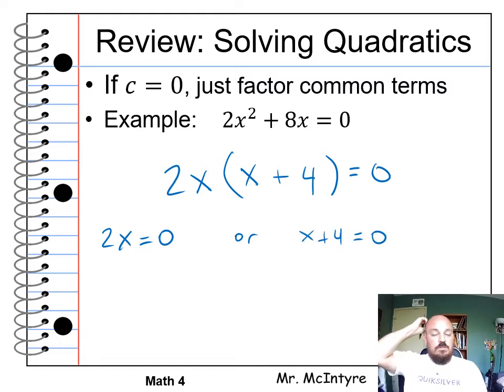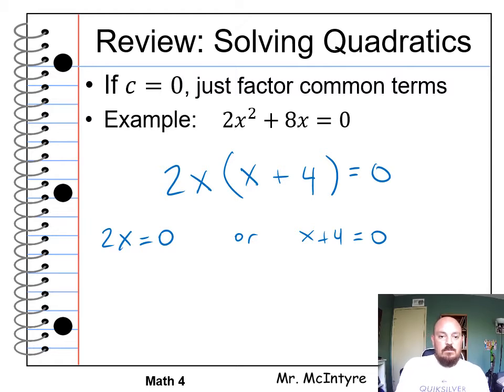And that's because of what's called the zero product property, and that's also why it has to equal 0. If you try to do this and it's equal to 10, there's no rule for that. But basically, if you factor something and you're multiplying them and the answer is 0, the only way that can happen is if one of those numbers was 0. And that's what we call the zero product property.